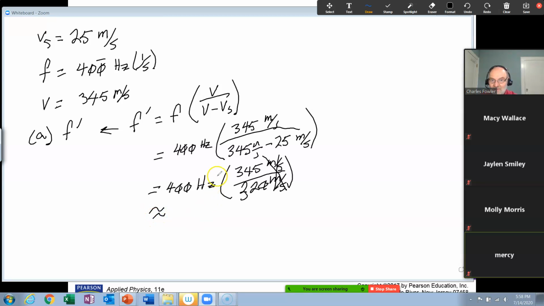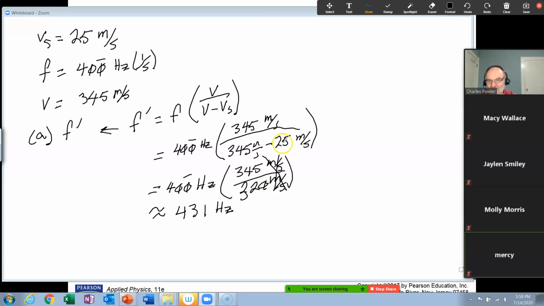Yes, it did shift it. Yeah, it shifted it up. It was 400 and now it's 431 hertz. 3 significant digits here. I forgot to put my bar over here and here. And this is 3 significant digits.